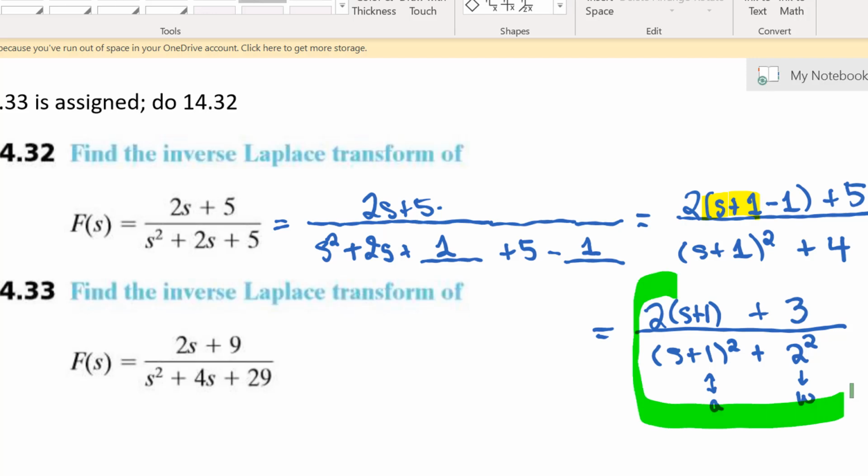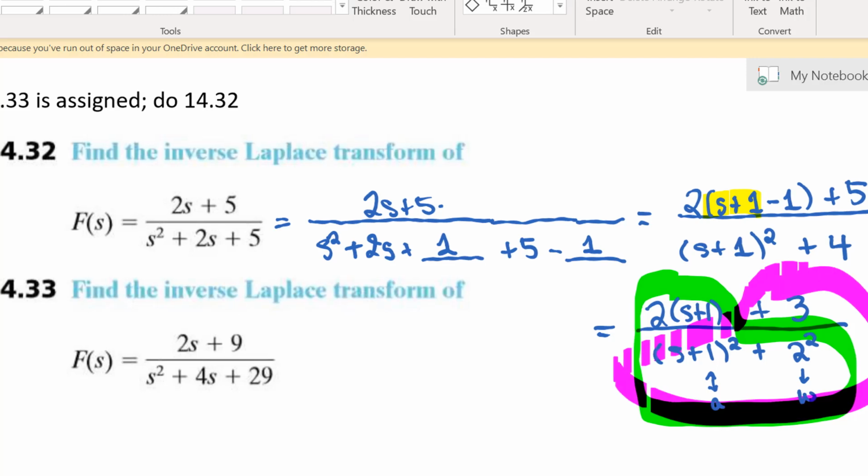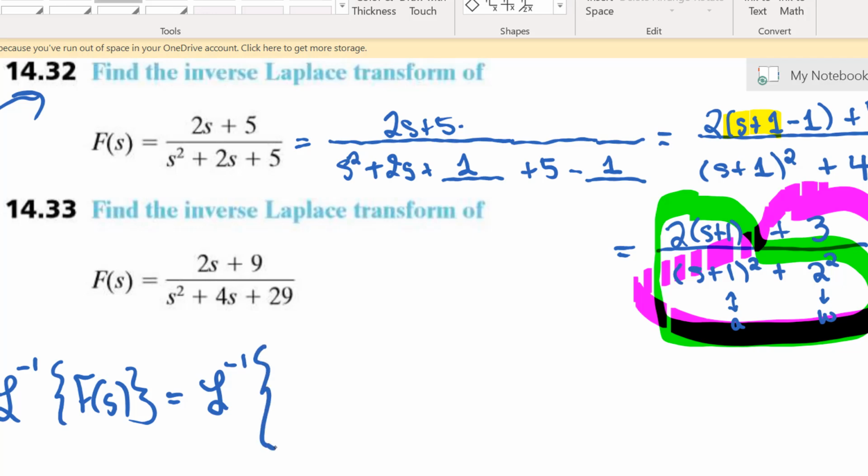So I'm going to do this as one fraction, and then this as another. Okay. So the inverse Laplace transform of f of s, and again, this is for problem 32, not for 33, is going to be the inverse Laplace transform of the part that I circled in green.